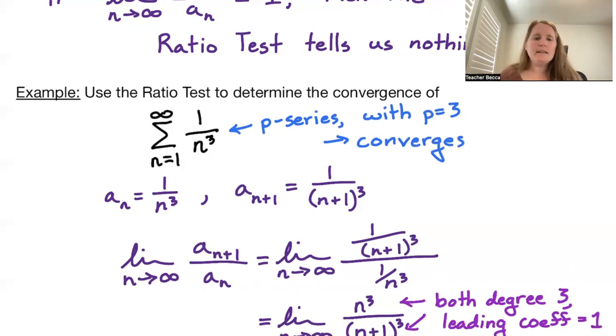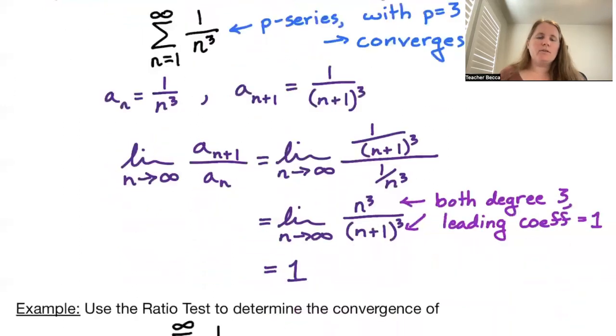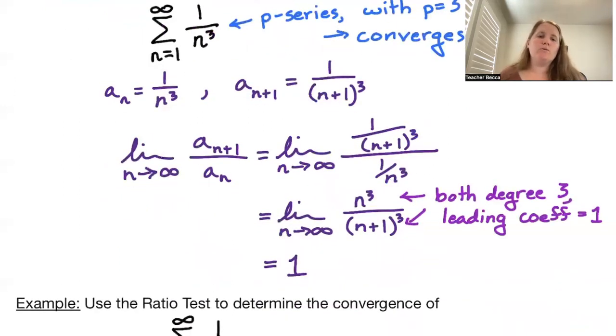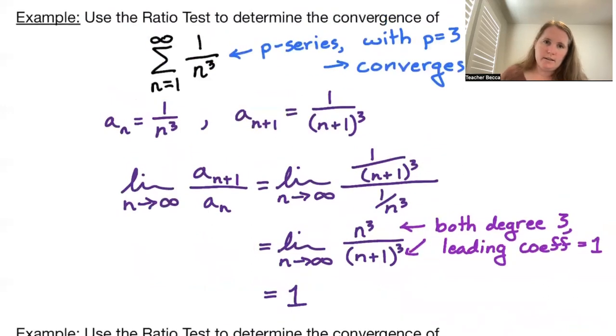So here is a case where the limit of this ratio a sub n plus 1 over a sub n equals 1, and we have convergence. Right? So this is a case with convergence.